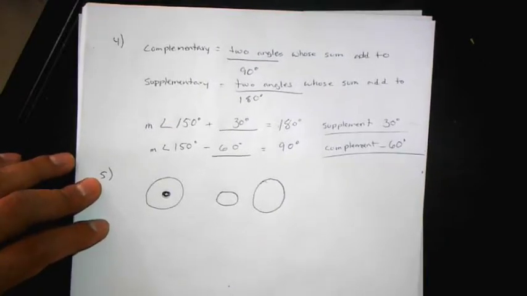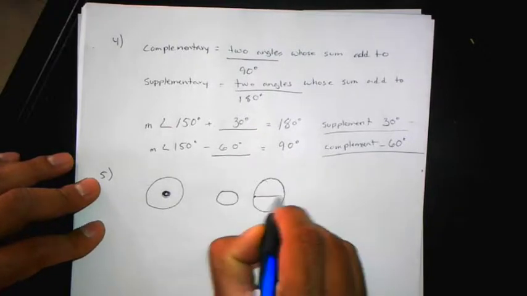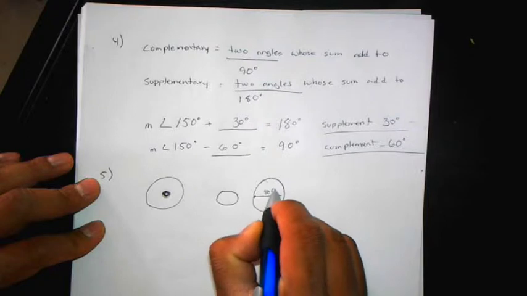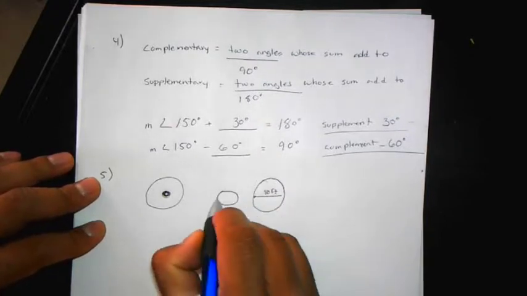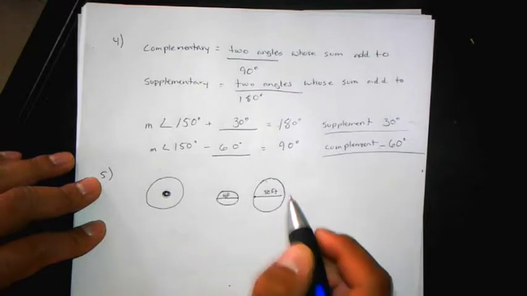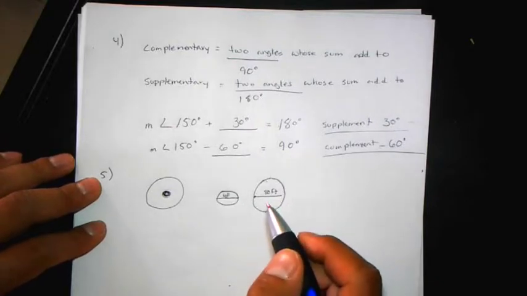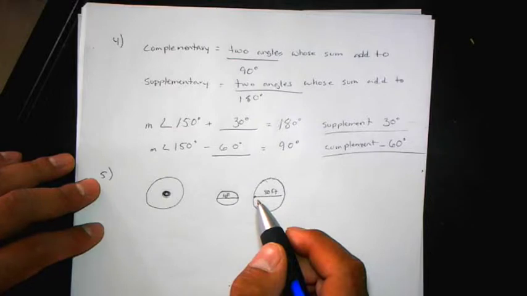Okay, and it says that the larger circle has a diameter of 80 feet and the smaller circle has a diameter of 4 feet. What is the difference in area?